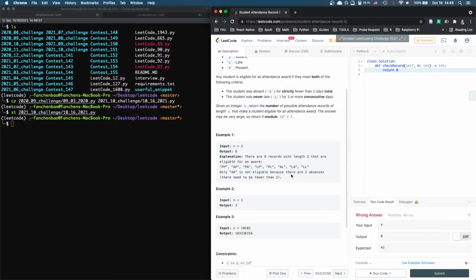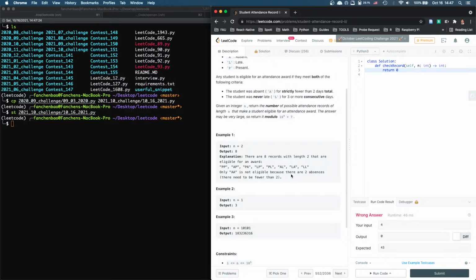Because it's going to be P and L. Cannot do A, no A. Or we can say LL. If it's LL, it can only do LLP. Because it cannot do another one. And I cannot do LL. I cannot do LLA. It can only be LLP, LLL, which is wrong. So that gives us 7. Right? That gives us 7.